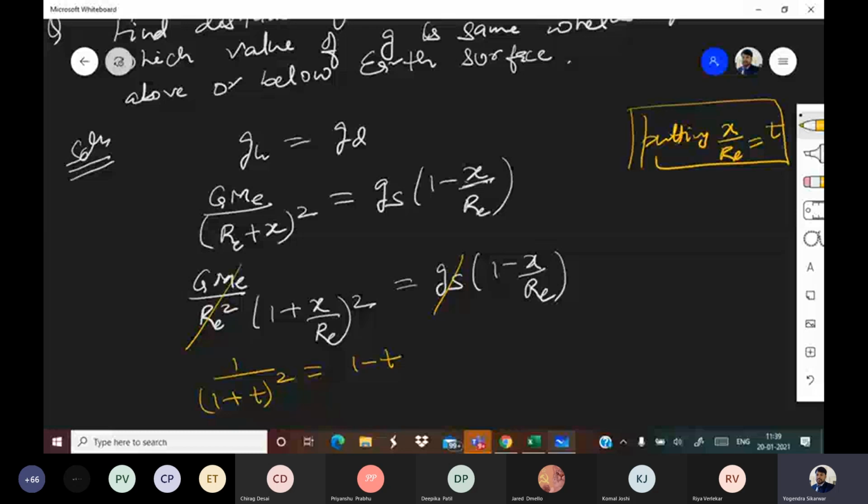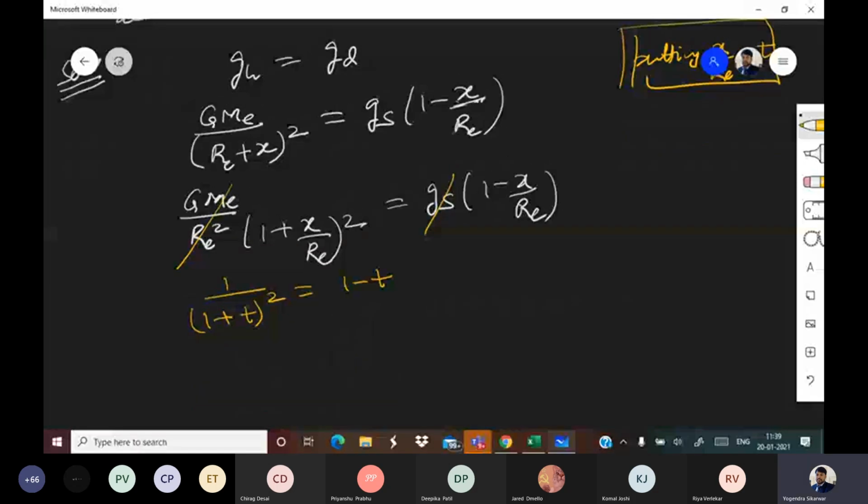So let us simplify this. So basically what we are getting is 1 plus T whole square into 1 minus T is equal to 1. Okay. And now I am going to open this.